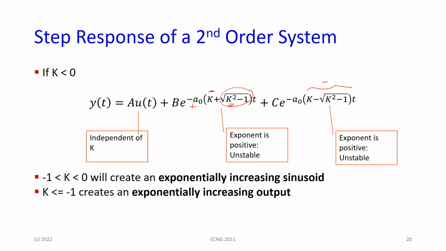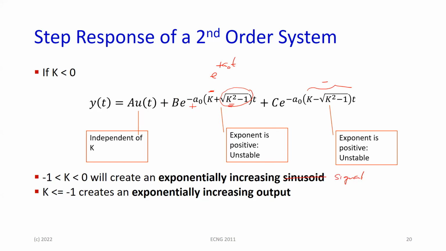That now, therefore, means that the answer is going to be some a e to the plus a naught t, which is an exponentially increasing signal.